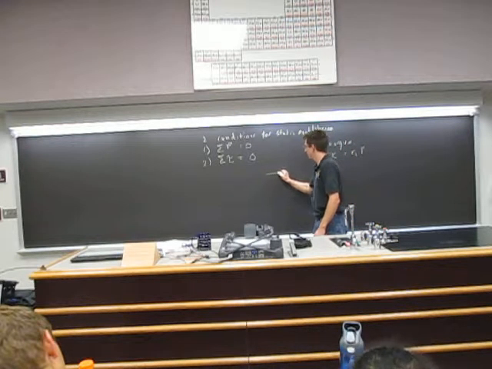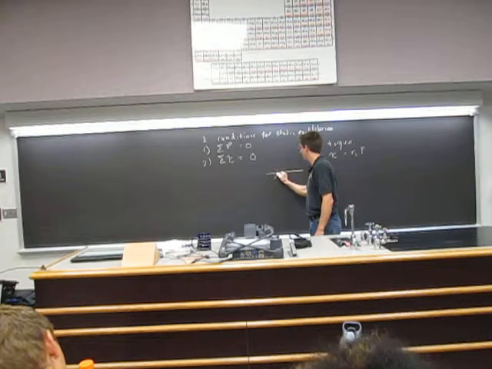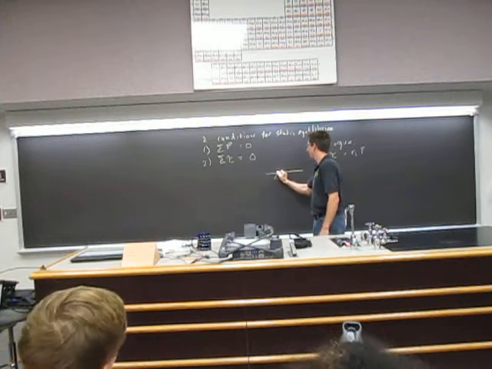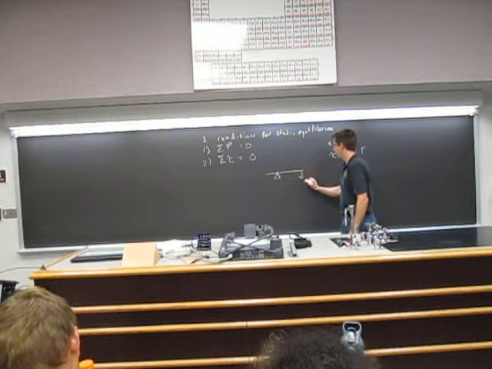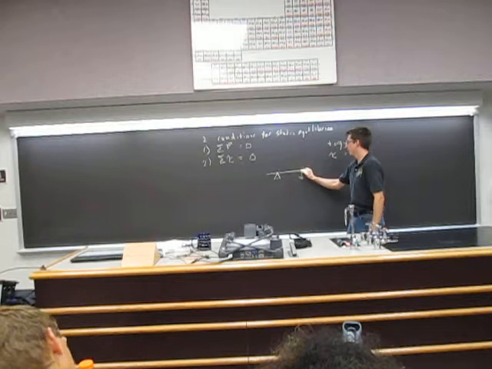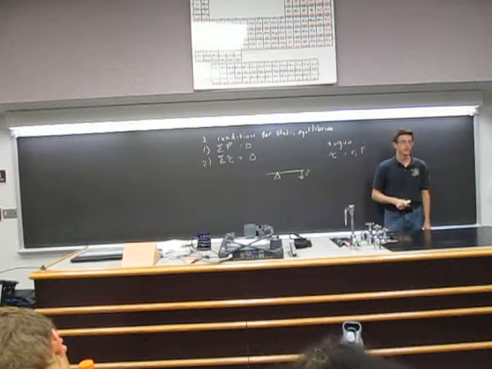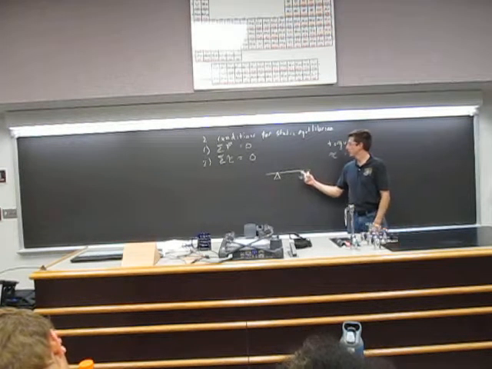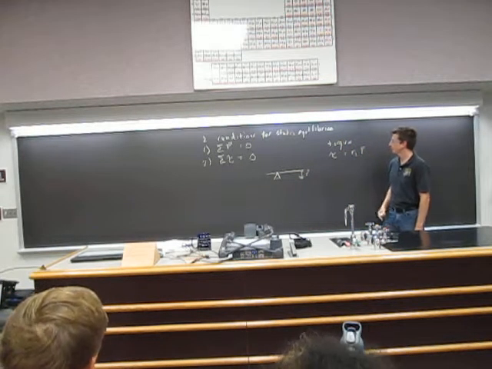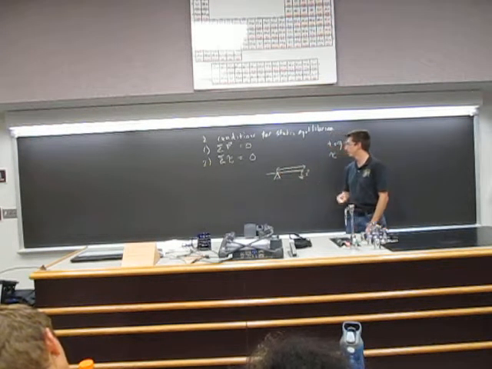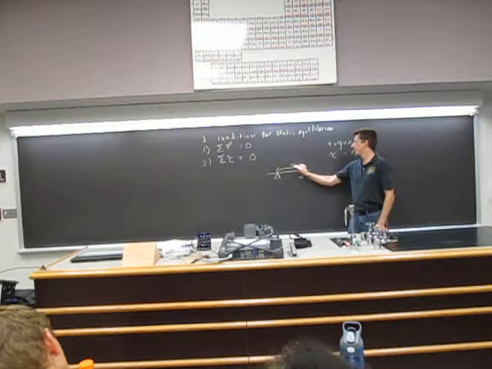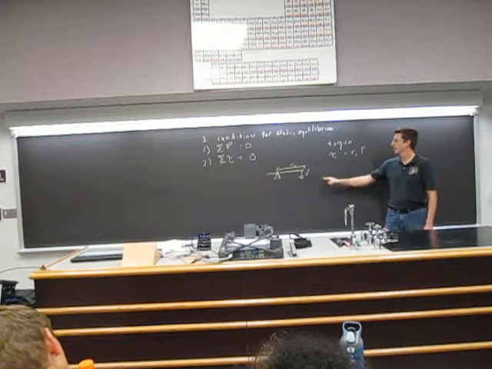If I have a pivot point, say here, that'd be the pivot point. And if I exert a force on an object that can pivot, the torque associated with it would be the perpendicular distance from the pivot point to the force times the magnitude of the force.